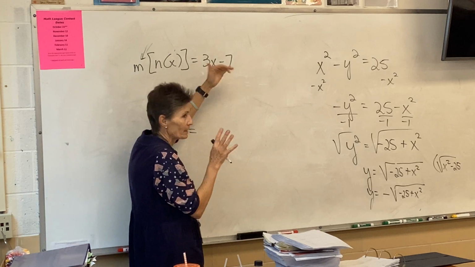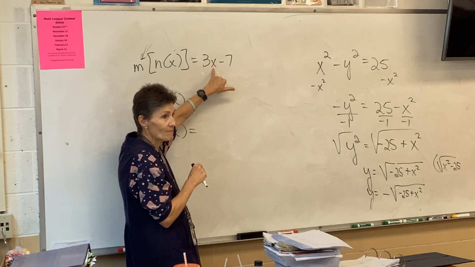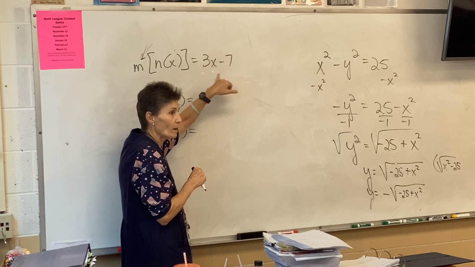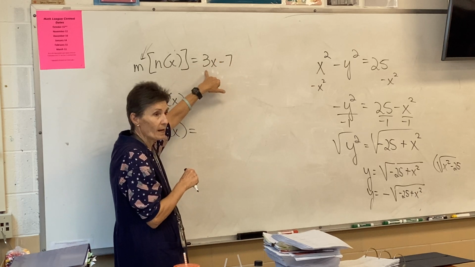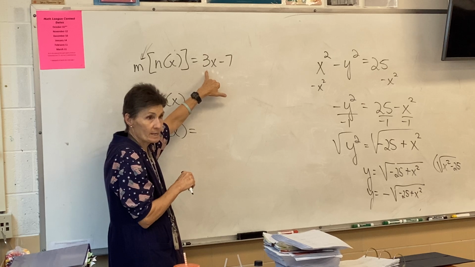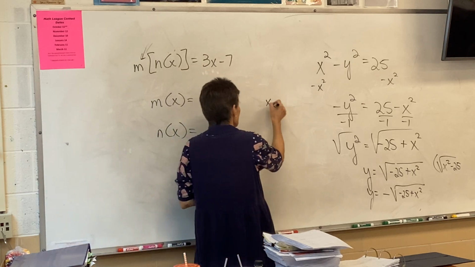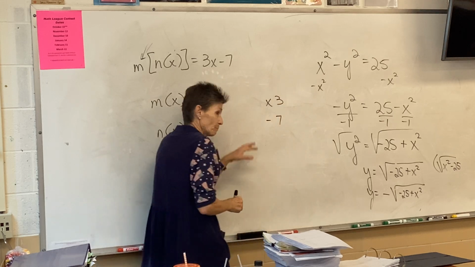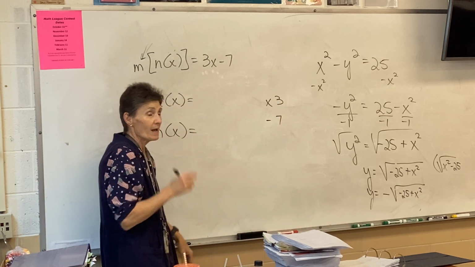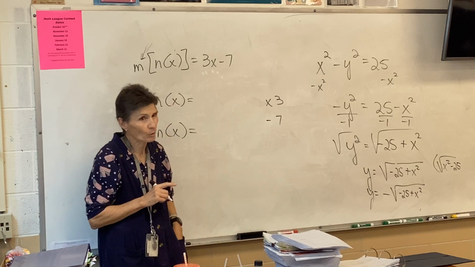If you pick a number like 5, if you put 5 in here, what does this equation do? It multiplies by 3 and then subtracts 7. So the 2 things that have to happen are those, and they have to happen in that order, right?